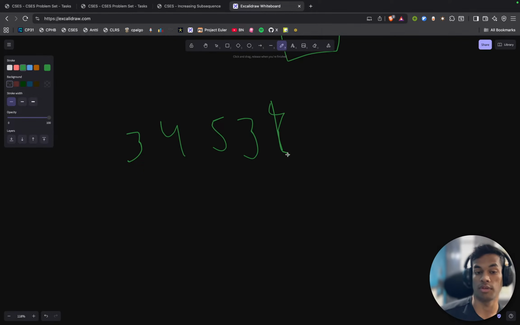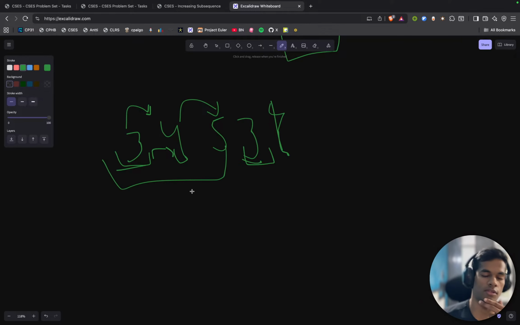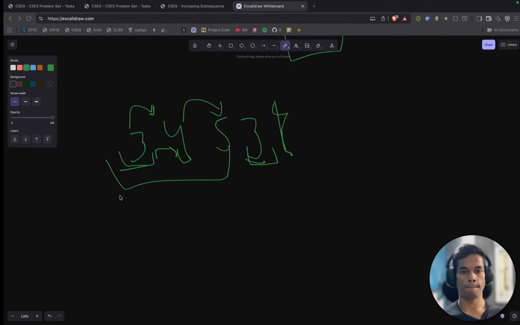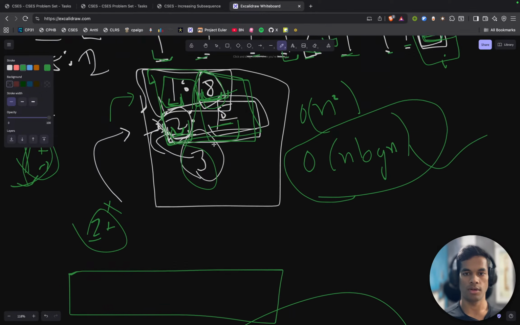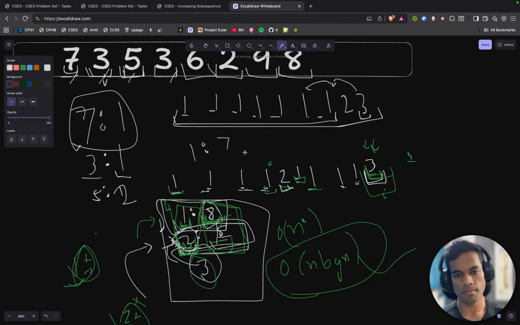What if I have something like this? Instead of pairing this 3 with the smallest number with which it could be paired, I should pair this 3 up with 4, which is paired up with this 5. So that would be the longest subsequence here. So yeah, we need to find a constant time or logarithmic time algorithm to find the best number.